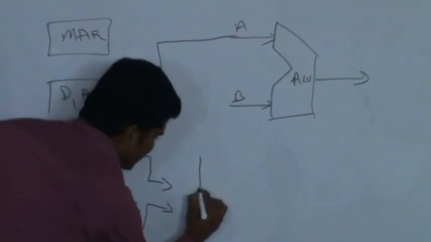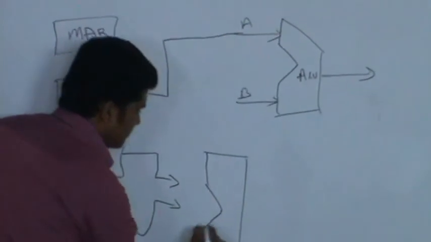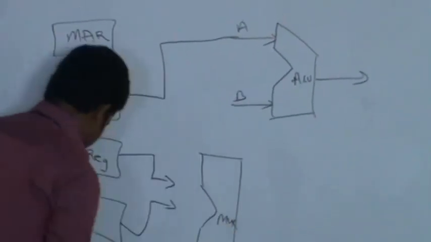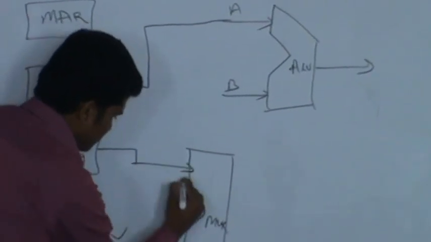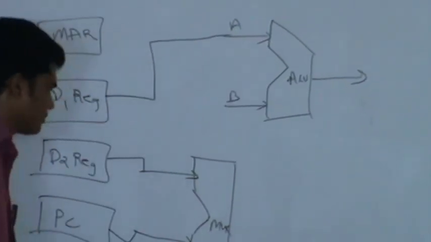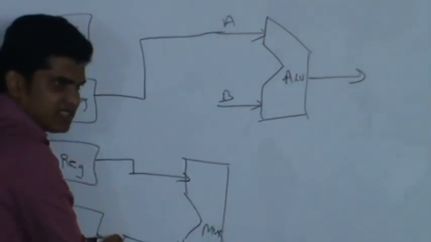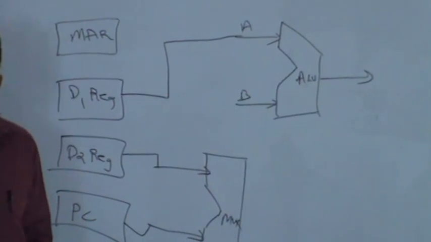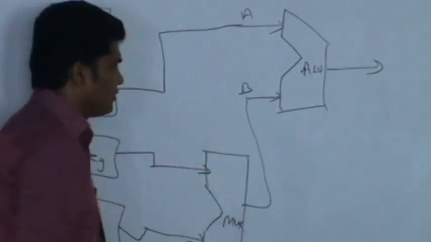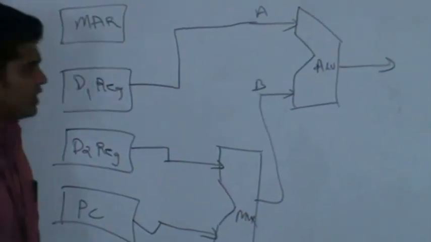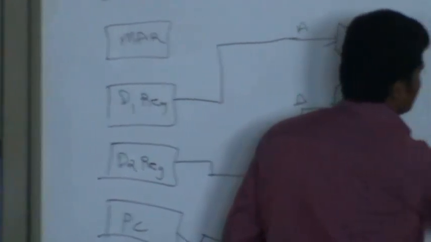So we have a multiplexer connected over here, and either the data register or the contents of the PC will be transferred to the ALU operation. So depending on that, again we'll add another mux over here.